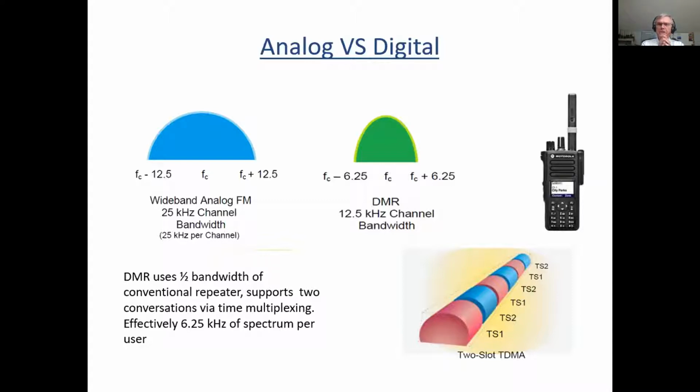But here's the kicker. It uses time division multiplexing, where we split up every conversation into about 30 millisecond chunks and sequence them into two time slots. So I can have two simultaneous conversations effectively using 6.25 kilohertz, and it works really, really well.